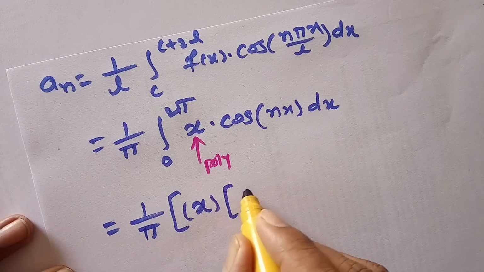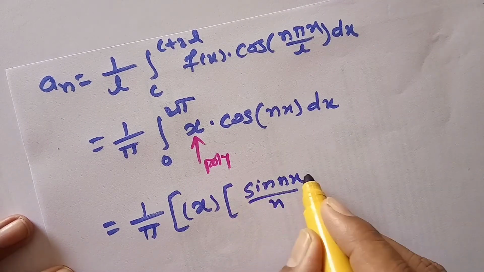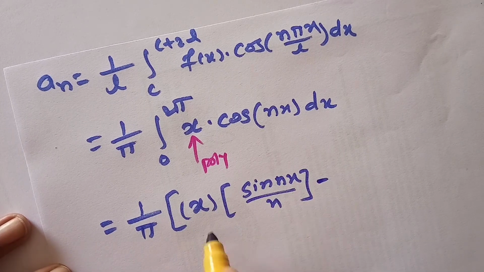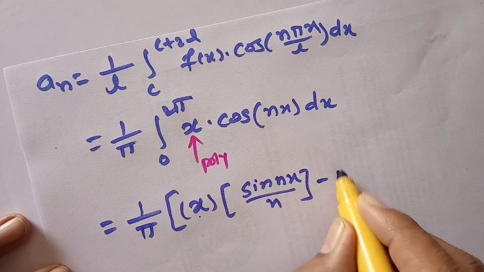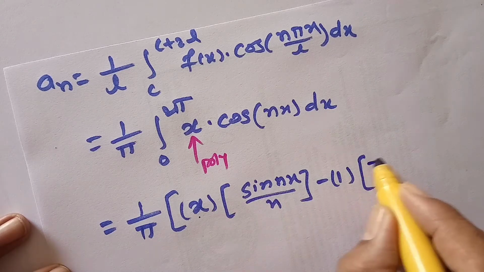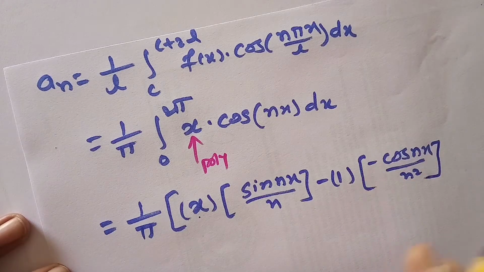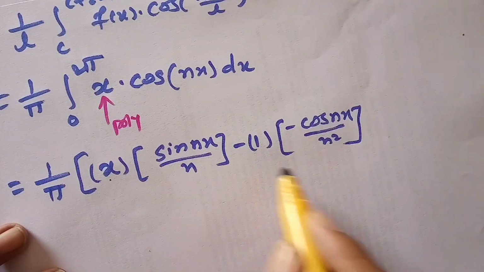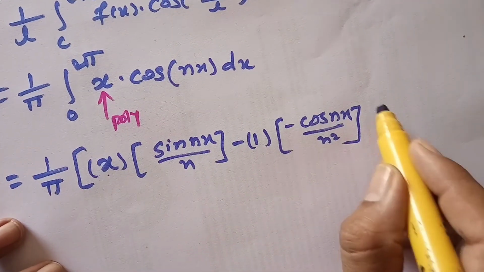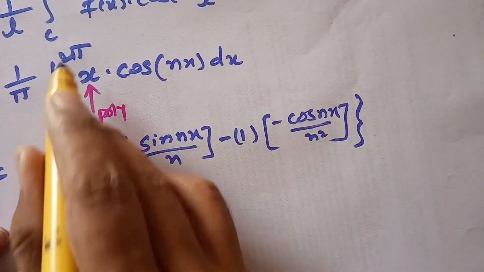Integration of this function is sin(nx) divided by n, minus the derivative of this function, which is 1, into the integration of this function, which is cos(nx) again divided by n, which becomes n square. Then after this the derivative is 0, therefore we have to stop here, and the limits are 0 to 2π.